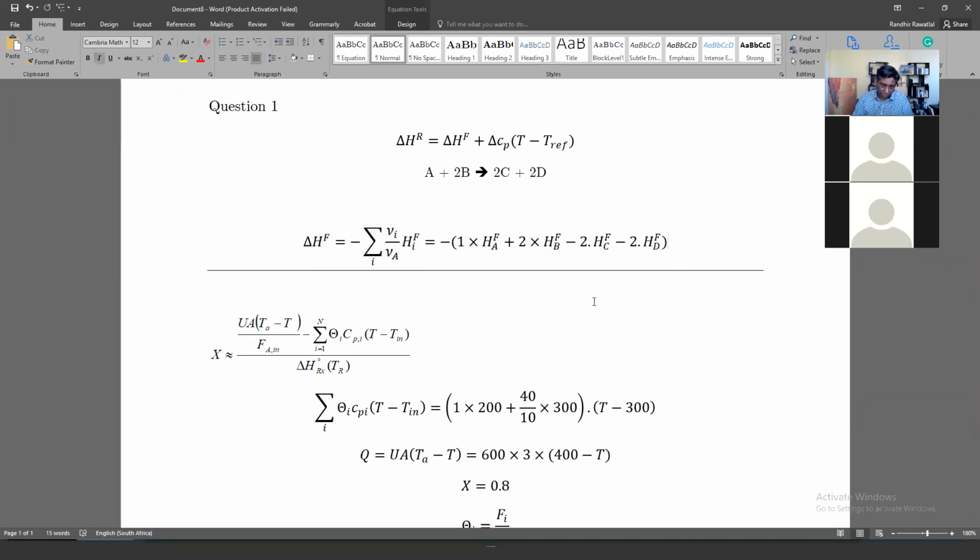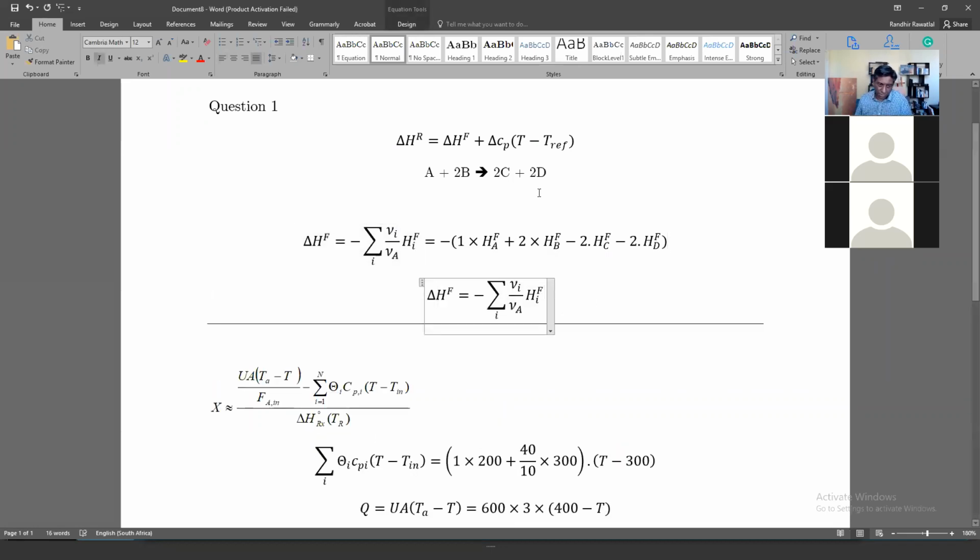So we can write here delta CP formation, C sub P. So this is C sub P I. Yeah, so that one also has the minus sign.